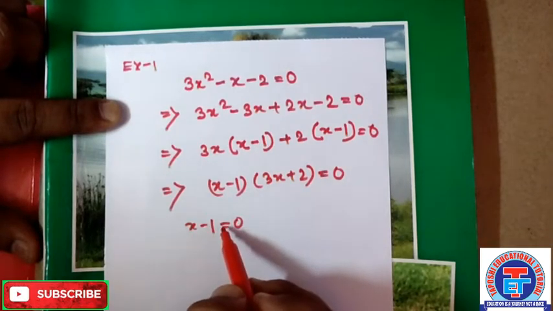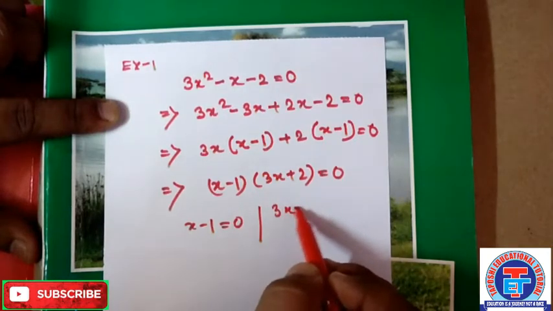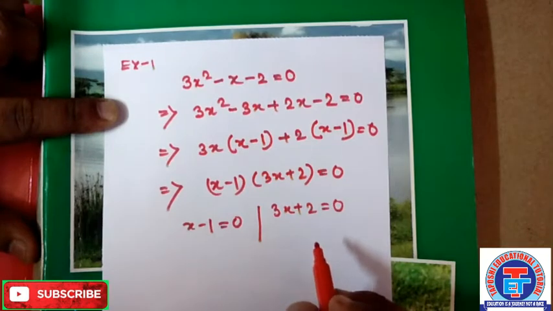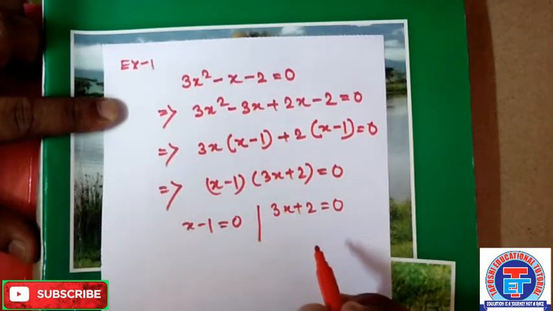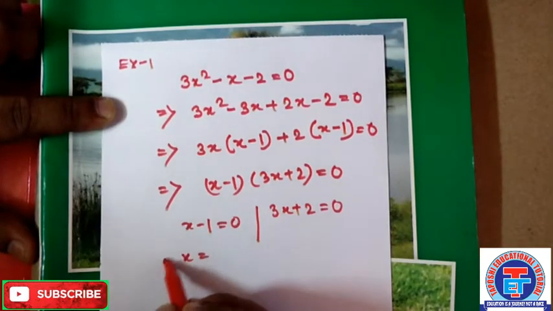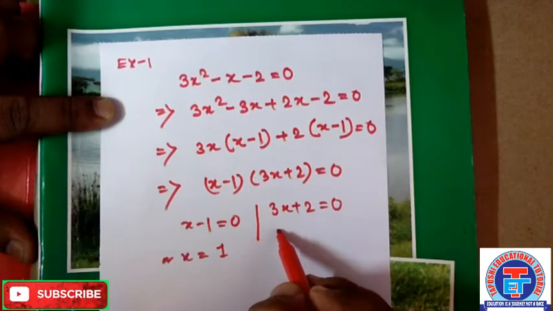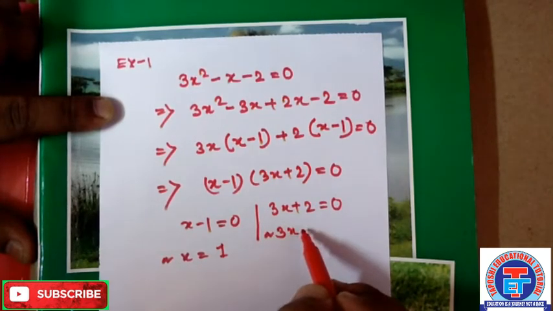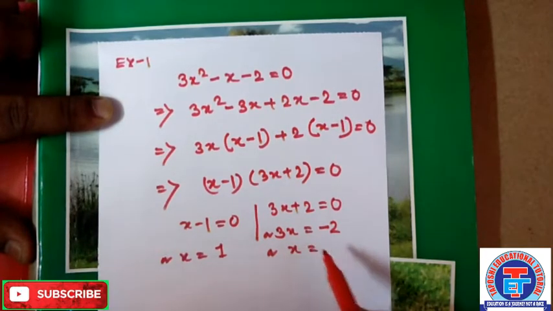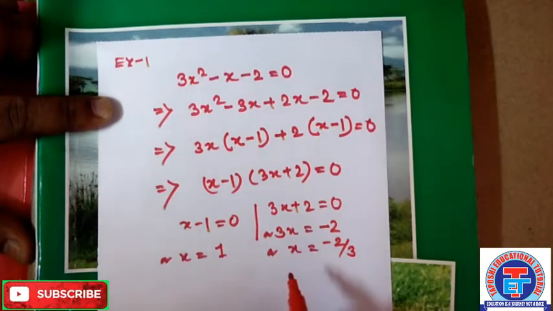Either x minus 1 is equal to 0 or 3x plus 2 is equal to 0, using the zero product rule. So x is equal to 1, or 3x is equal to minus 2, or x is equal to minus 2 by 3.